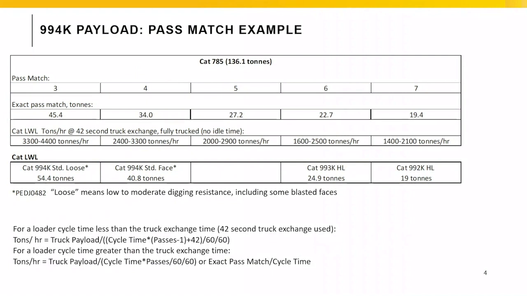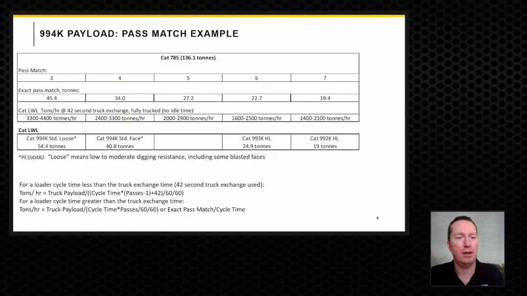So the trick is, let's say in this example, you want to do a 4-pass match into a 785. Your productivity lines up with the range that you would get for passing. Then the payload that you need nominally is 34 metric tons. The rated payload in that configuration in the moderate to high digging resistance application is 40.8. So you can see that the rated payload is a little higher than you need.